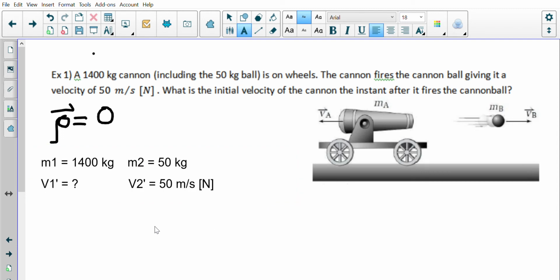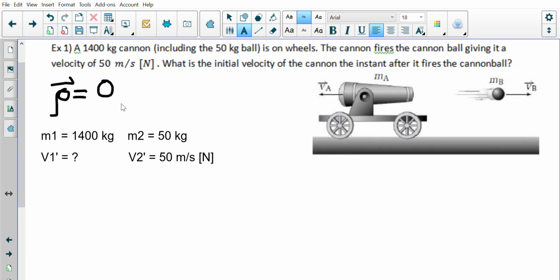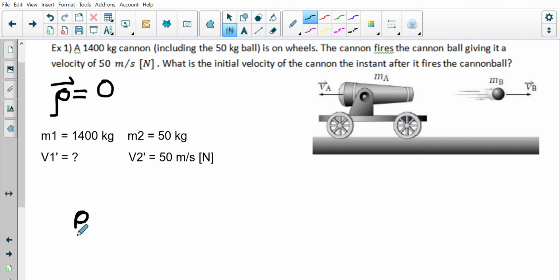All right. So now I know that this final momentum is equal to 0. That means that our v1, because again, our velocities when they're in the opposite direction are going to be negative. So we have rho prime is equal to 0.